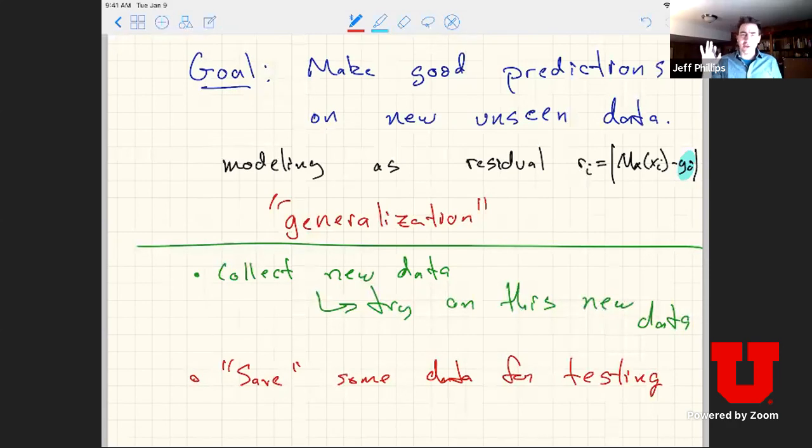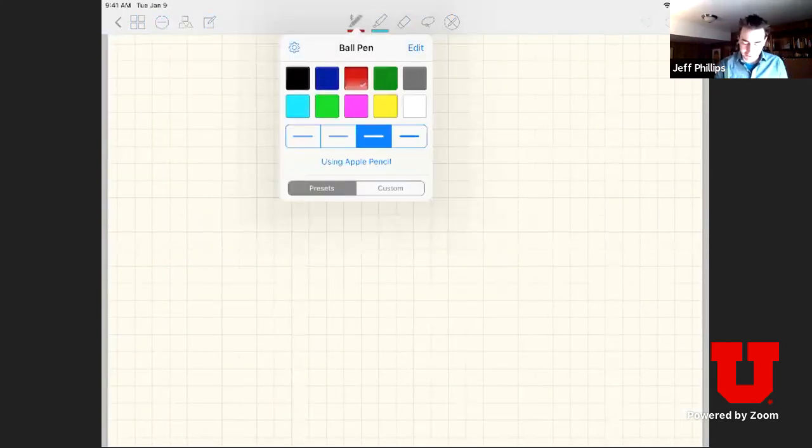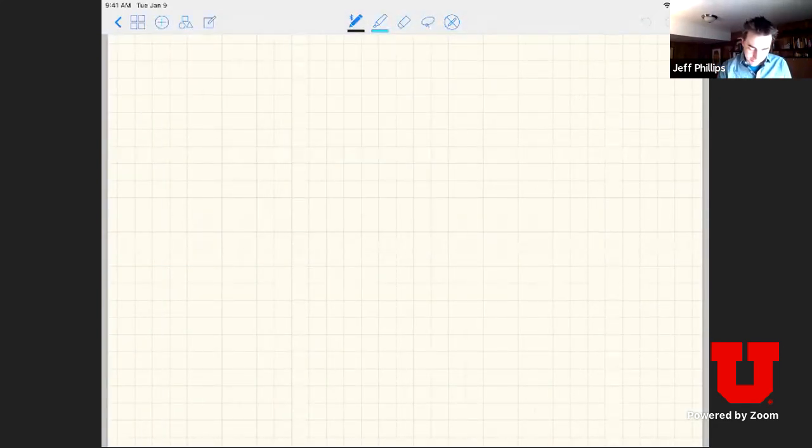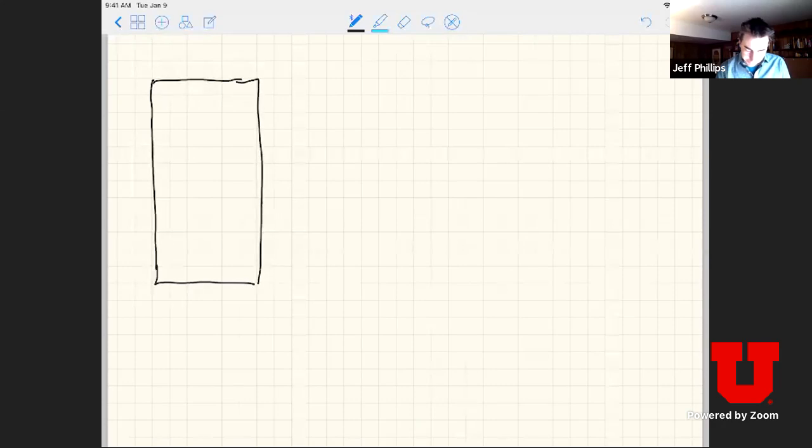So let's formalize this. We're going to think of having some data, and I'm going to draw it in a particular way. This is X, just to be clear what's going on, because there can be conceptual mistakes that are easy to make if I'm not clear about this. This is our data.